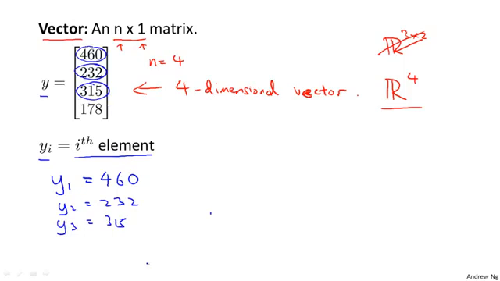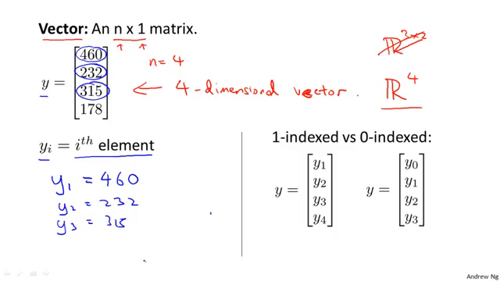Also, there are actually two conventions for how to index into a vector, and here they are. Sometimes people use 1-indexed and sometimes 0-indexed vectors. The example on the left is a 1-indexed vector, where the elements we write as y1, y2, y3, y4.